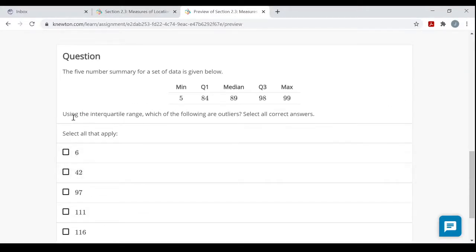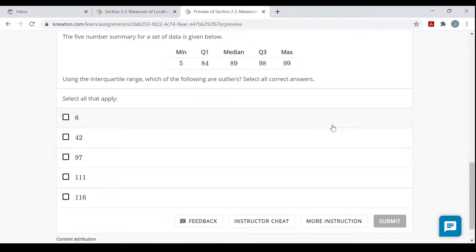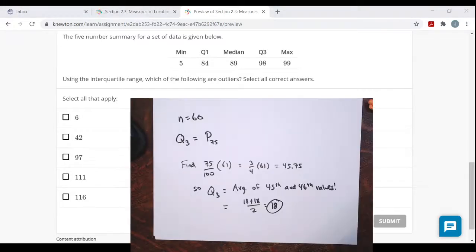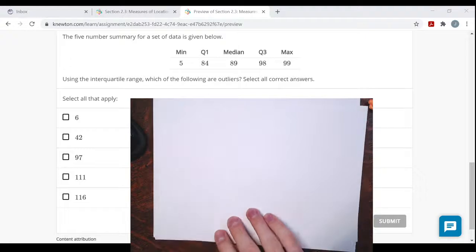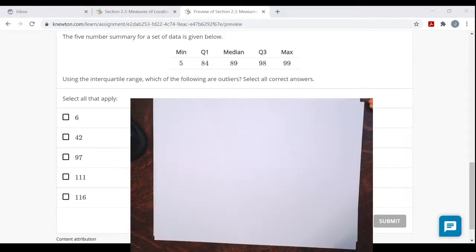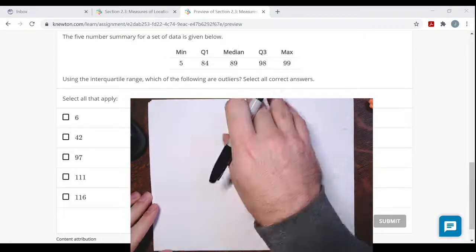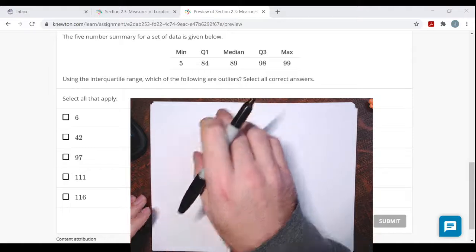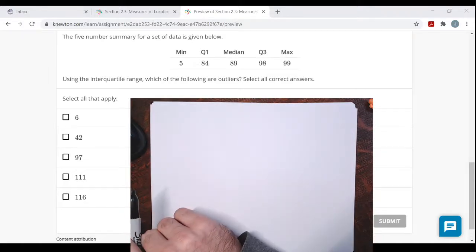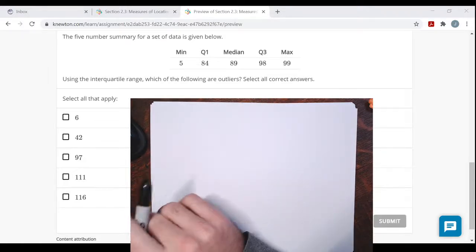And then use the interquartile range. Using the interquartile range, which of the following are outliers? Select all correct answers. All right, so again here, I'm going to pull up a piece of paper and write this out. Now we're given the 5 number summary: the smallest value, the first quartile, the median, the third quartile, and the largest value for some data set.